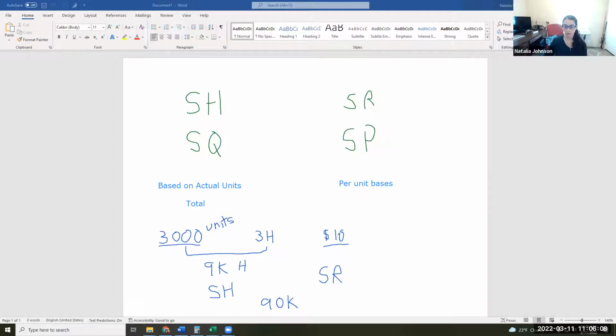If they say they pay $10 per hour, then it's only $10. What can be confusing is that if a problem tells you it's 3 hours to make one unit, you use the 3 hours, but you actually have to multiply times the units. So this will be the actual standard hours.